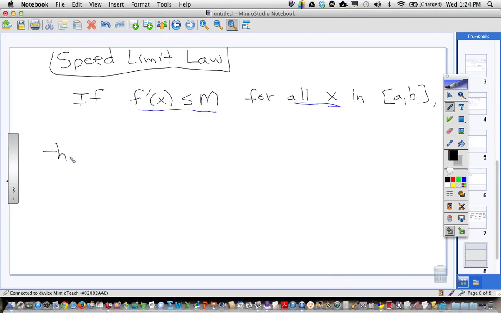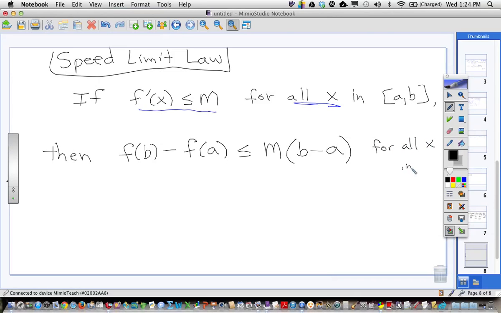Then, f of b minus f of a is less than or equal to m times b minus a, for all x in a, b.